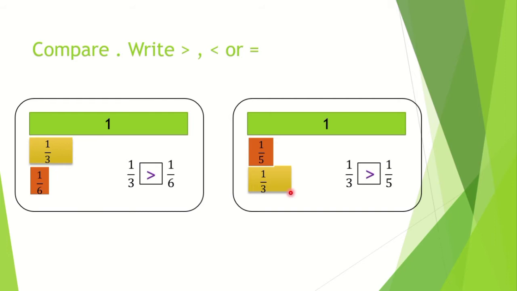Okay, let's stop here and see this. I have here in the denominator 3, and here in the denominator 5. By logic, 5 is greater than 3. So how come third is greater than fifth? Look here.